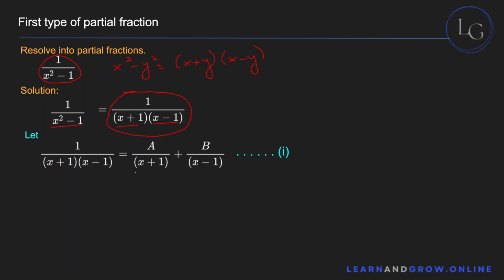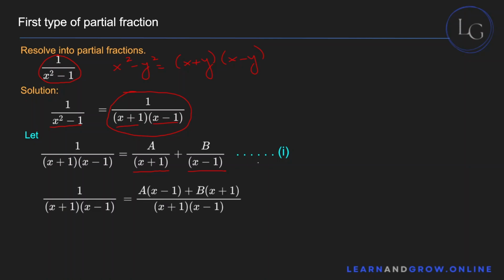Now what you'll do is, you'll write this particular result in this form: a over x plus 1 plus b over x minus 1. Now, obviously, to turn these partial fractions into one single fraction, you'll have to take the LCM of both partial fractions. So this entire fraction will be multiplied with x minus 1 over x minus 1, and this entire fraction will be multiplied with x plus 1 over x plus 1.